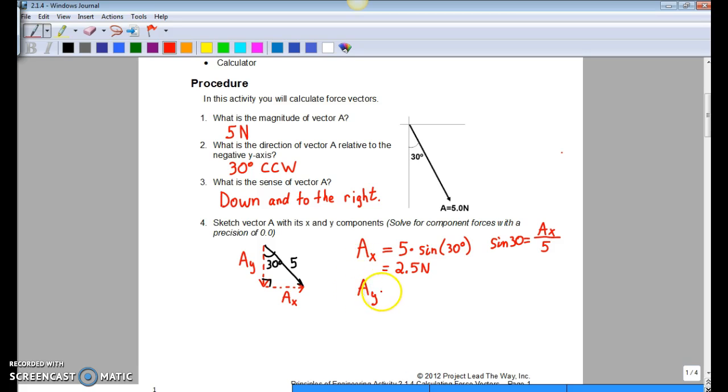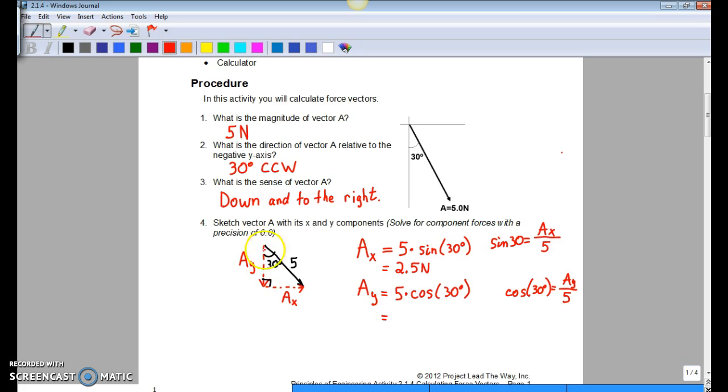Looking at the y component, well, we're going to come over here again quickly and say, well, the cosine of 30 degrees is A sub y over 5. So to get A sub y by itself, we take 5 times cosine of 30 degrees.